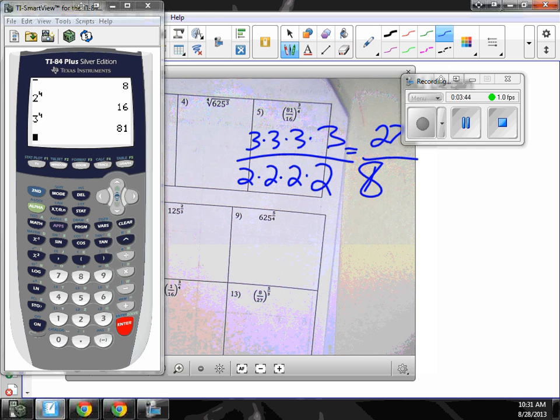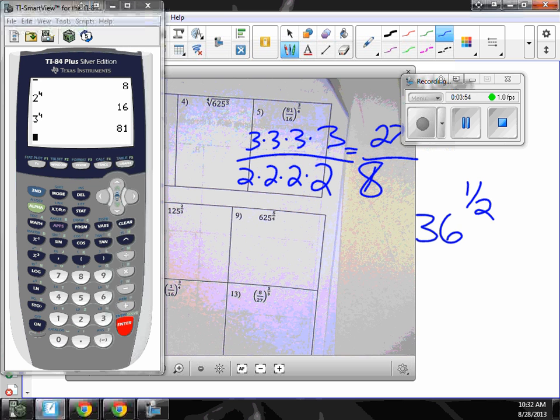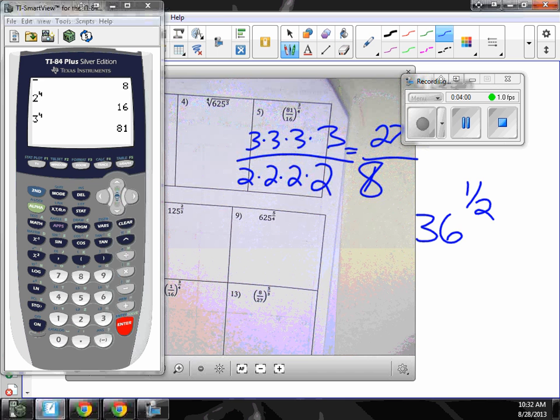Now before we consider numbers 3 and 4, let's think about this. 36 to the 1/2. What are we trying to do with 36 to the 1/2? Are we going to use the top of that fraction or the bottom of that fraction first?